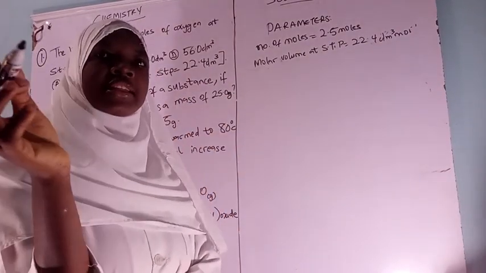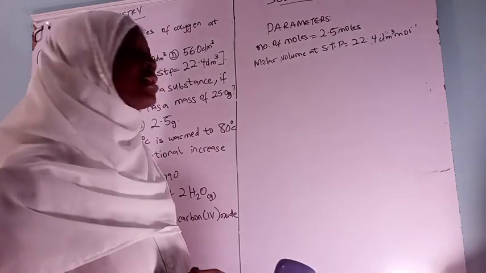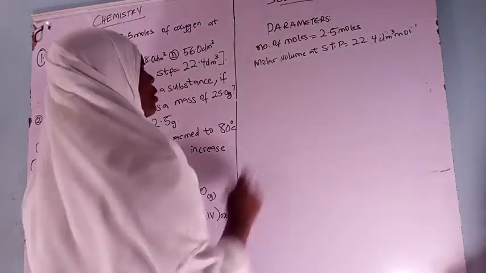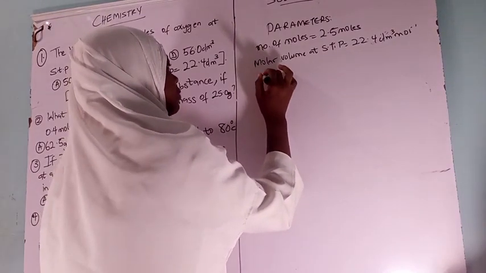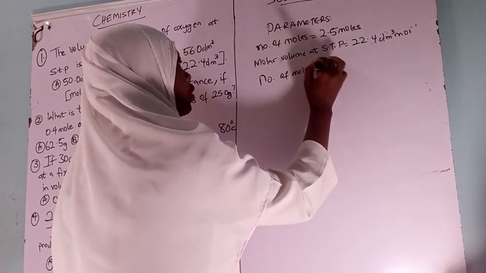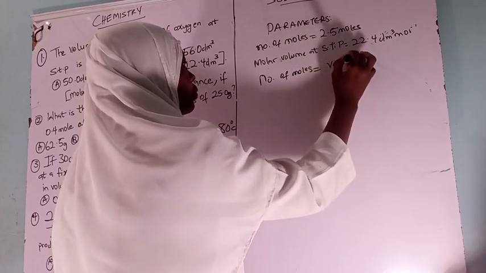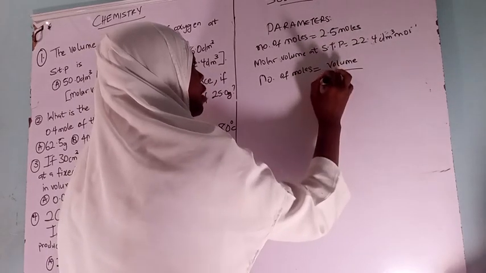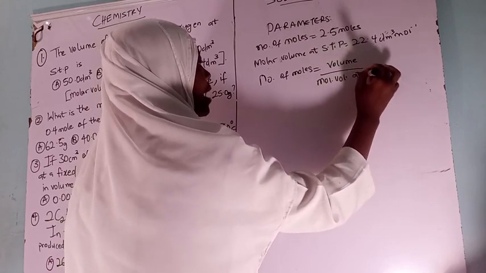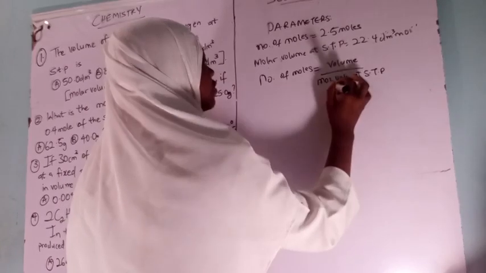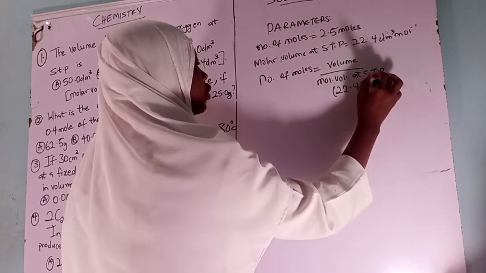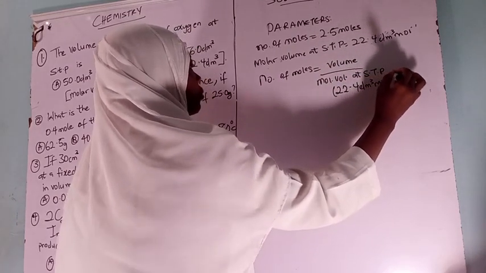At the end of this lecture, I'm going to write out 5 formulas used in calculating moles. Now, one of them is number of mole equals volume over molar volume at STP. And the molar volume at STP is 22.4 dm cube per mole.